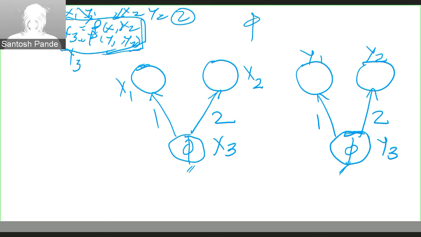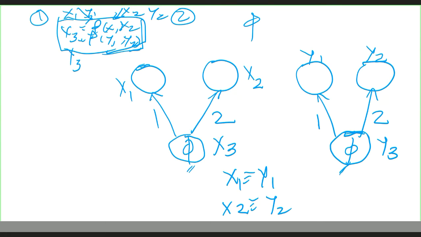So in order for x3 and y3 to be equivalent, x1 and y1 must be congruent. And x2 and y2 must be congruent.